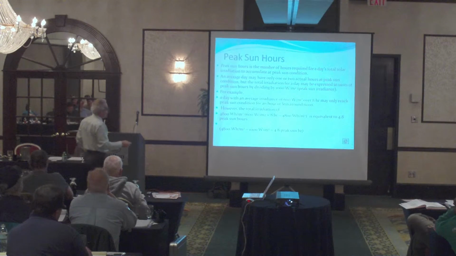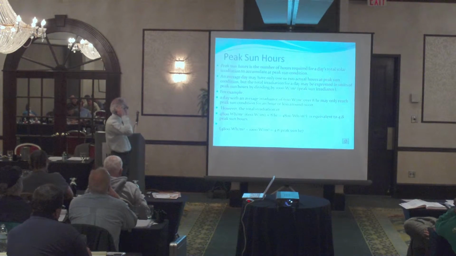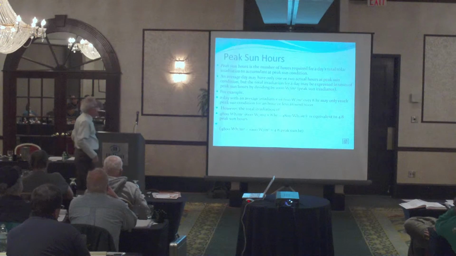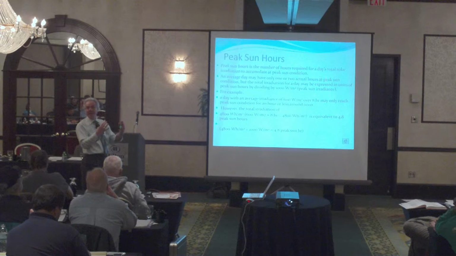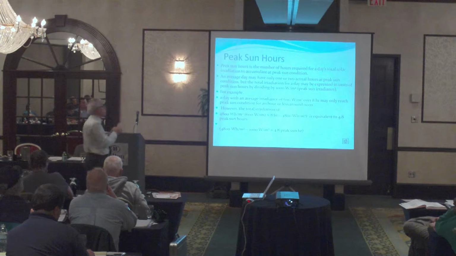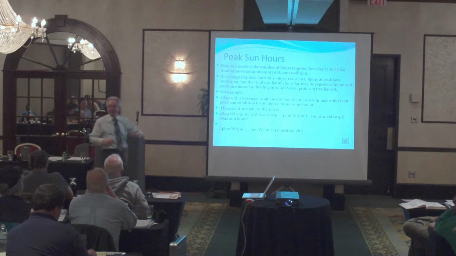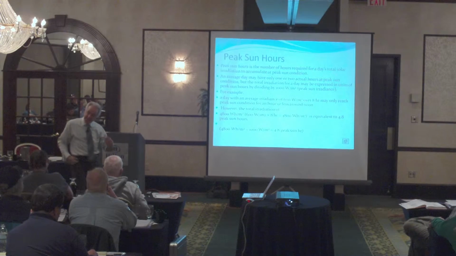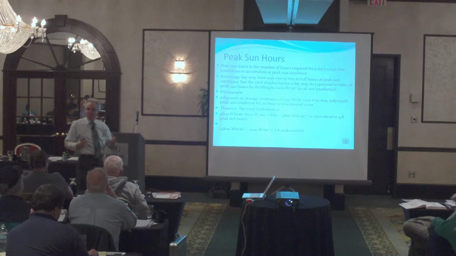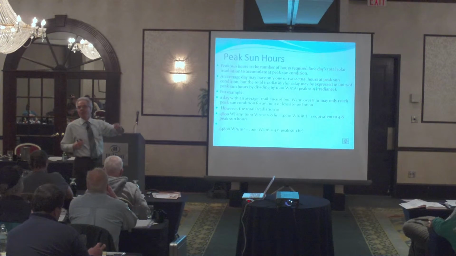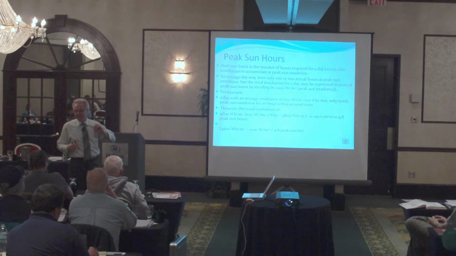So in an average day you may have a couple of peak hours. But the only way you can express this is by summarizing the whole radiation that you get over a day. You say, okay, now I have a certain amount of peak hours. This is based on using the amount of radiation from the sun as a reference point, which is 1,000 watts per square meter.